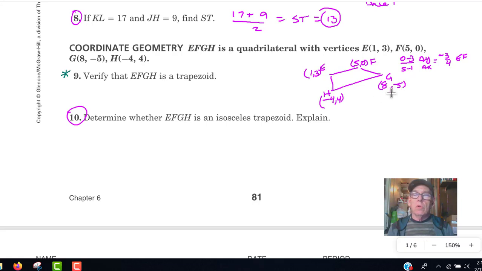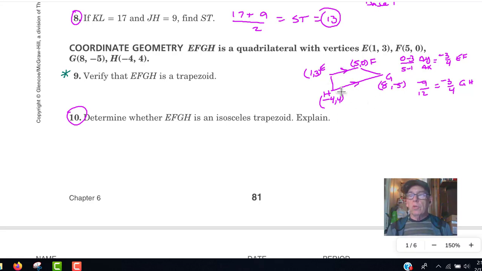And G was 8, negative 5. So the slope of GH, negative 5 take away 4, negative 9, over 8 take away negative 4, which is 12. So we have a negative 9 over 12, which also is a negative 3 over 4. So it at least looks like these two sides are parallel to each other.